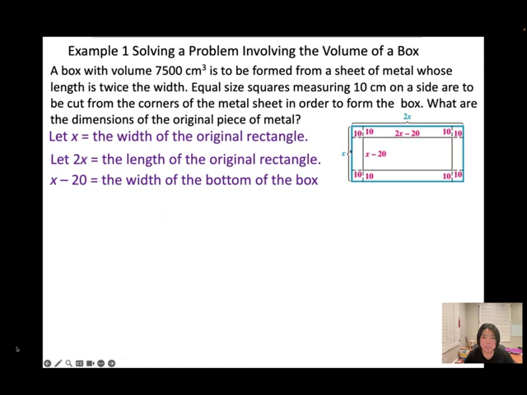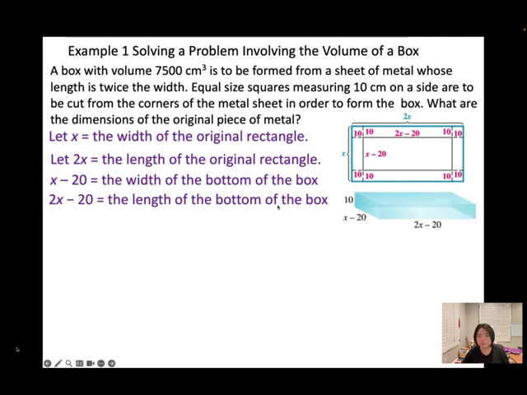And then same idea for the width here. The width of the box is going to be x minus 10 minus 10, which is going to be x minus 20. So we let x minus 20 be the width of the bottom of the box, and 2x minus 20 the length of the bottom of the box.